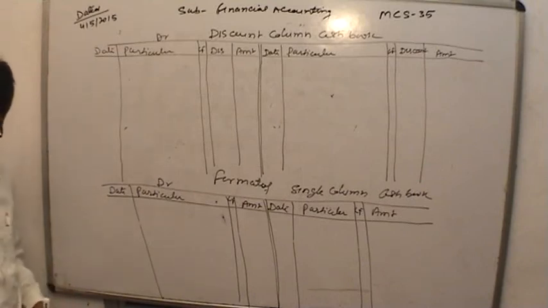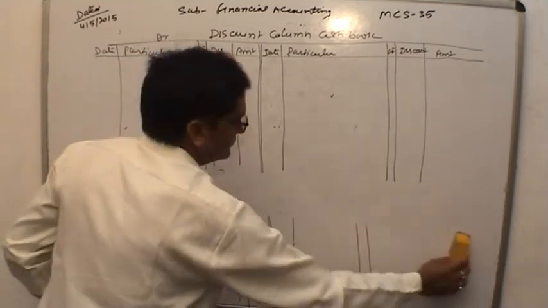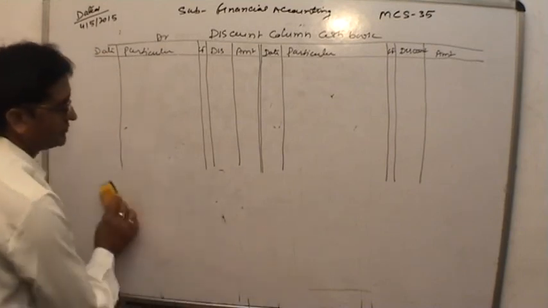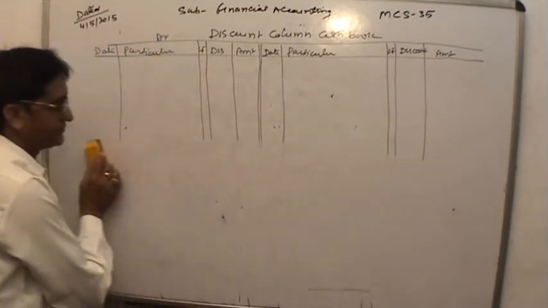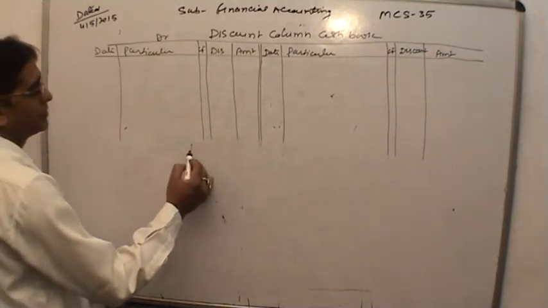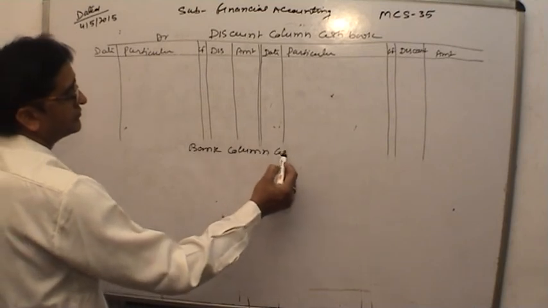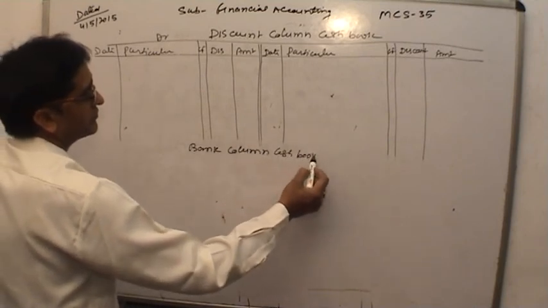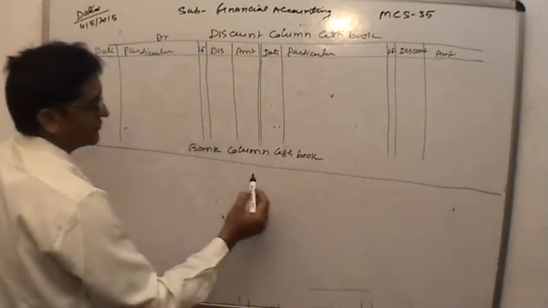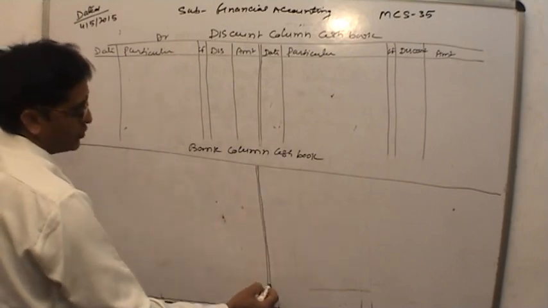And now format of triple column cash book, or bank column cash book. The most important book of accounts.